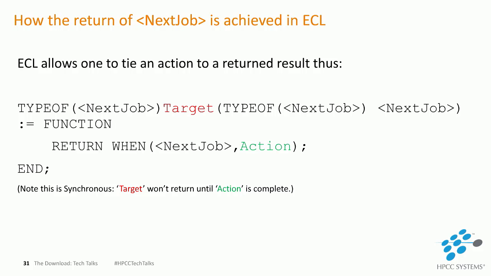The way it actually works is that the mandatory part of your function is to take a next job identifier and return the next job. And in ECL, you can always tie an action to a return type with the WHEN option. So in this construct, it's returning this next job after performing the action, and it is sequenced, so this function won't actually return until that action is complete.